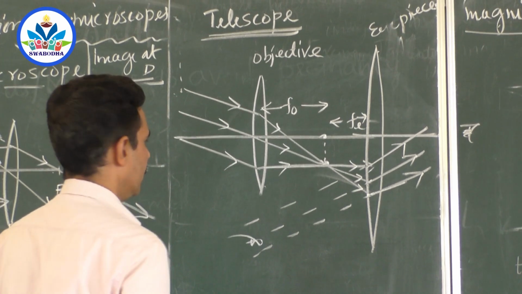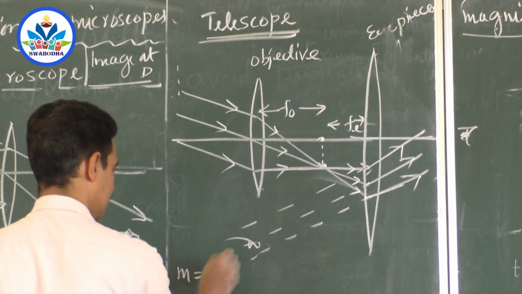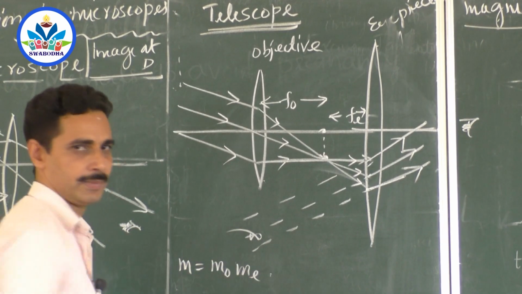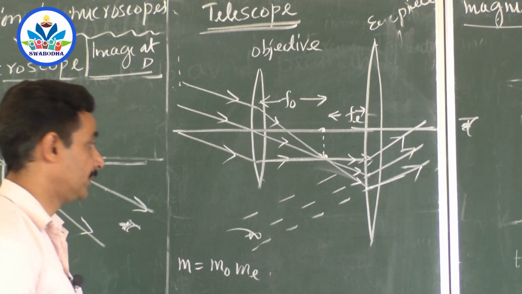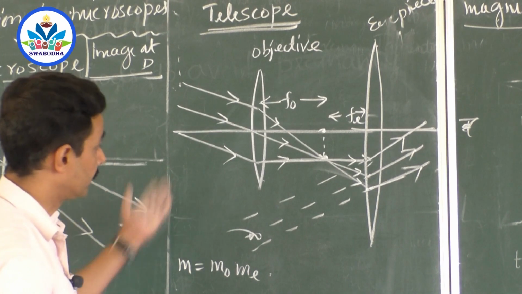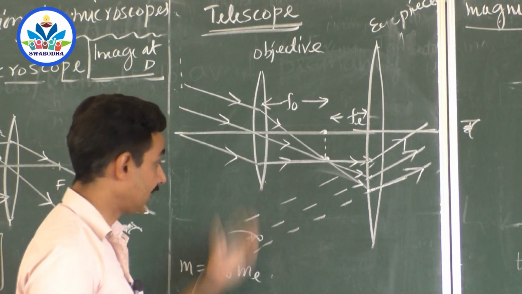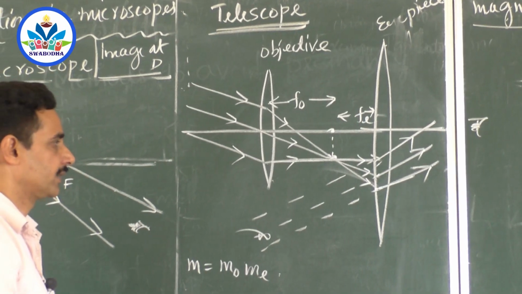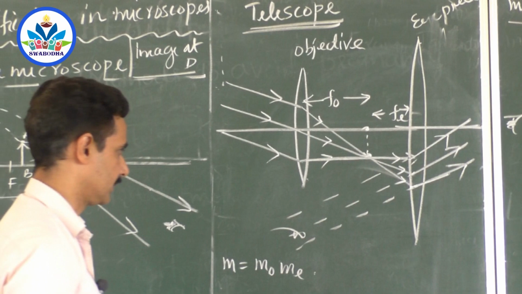Again, the total magnification is equal to the magnification of the objective times the magnification of the eyepiece. How much the objective will magnify the image, and how much that image is magnified again by the eyepiece. So the product of objective and eyepiece magnification is the total magnification.